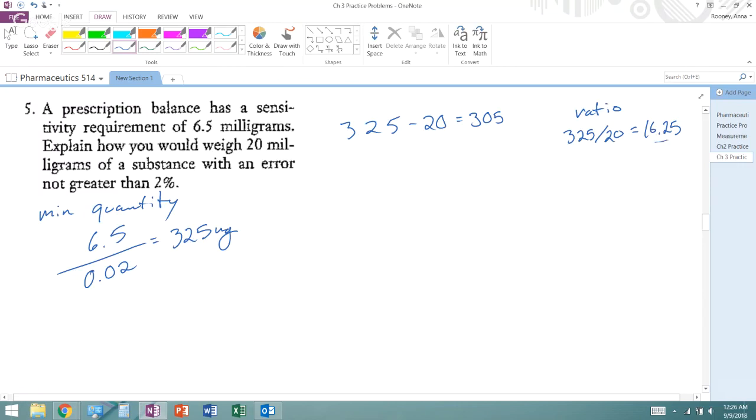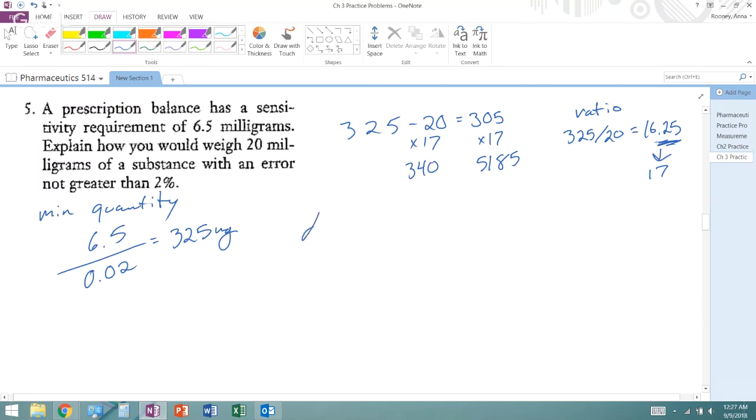I don't like this 0.25, so we're going to go to the next one, which is 17. So times 17 is 340, and then times 17 for this one is 5185. That is a lot.